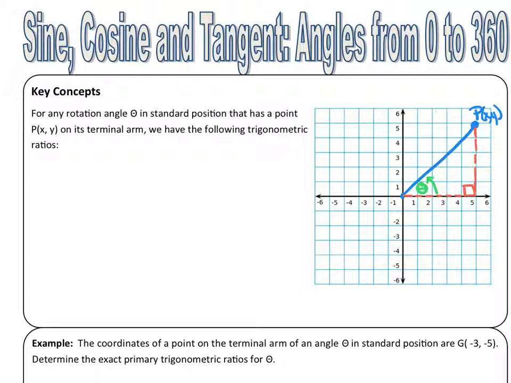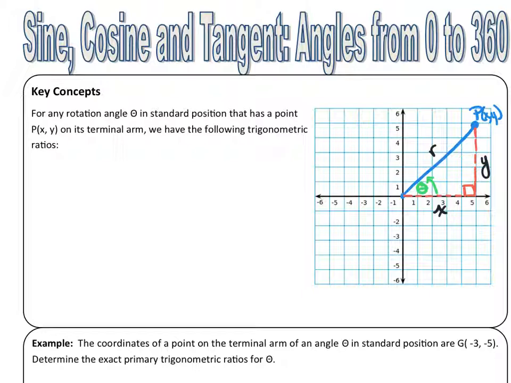Now, what happens is that this length is x, this length is y, and this length is r.